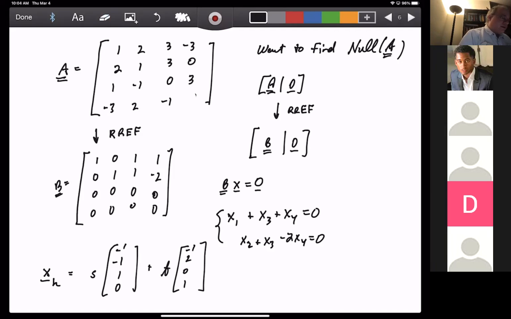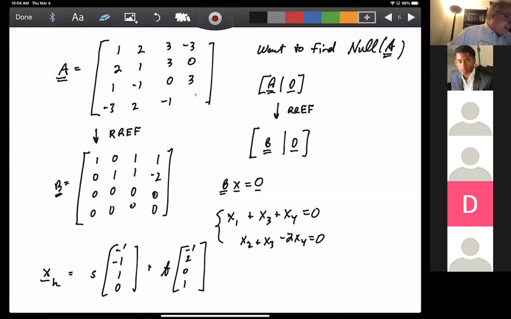And we've got a 2-parameter set of solutions to our equation. And therefore, the null space is going to be any vector that we can make.